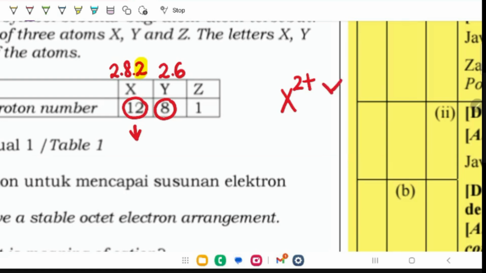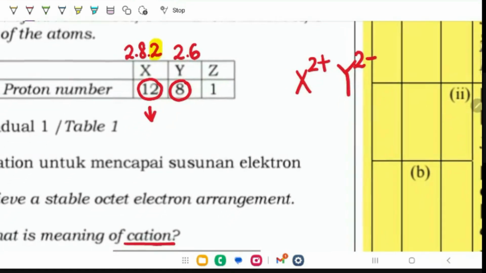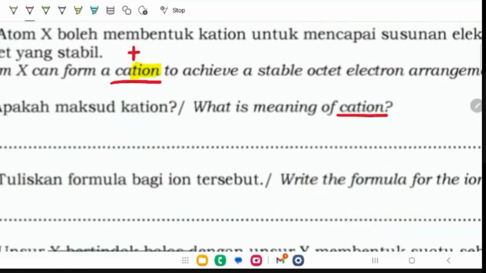Y2 negative. Okay, so what is the formula? I'm not sure they will ask or not later. XY. 2 2 means simplify becomes 1 1.